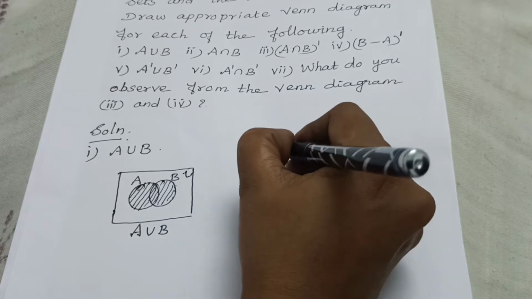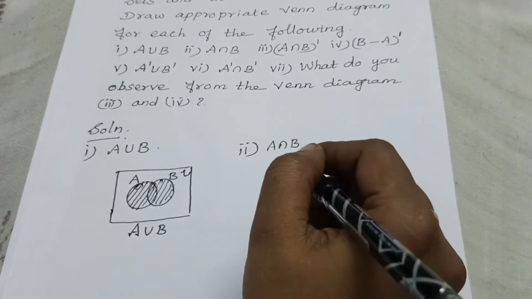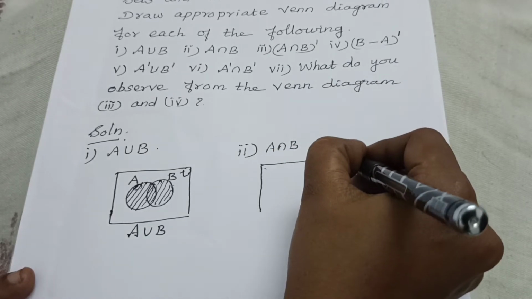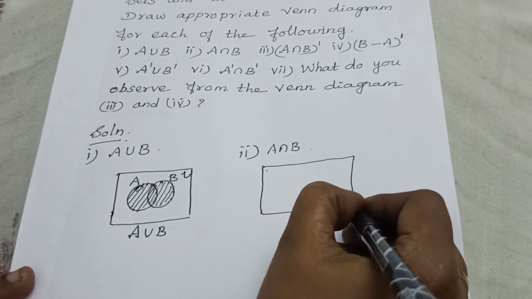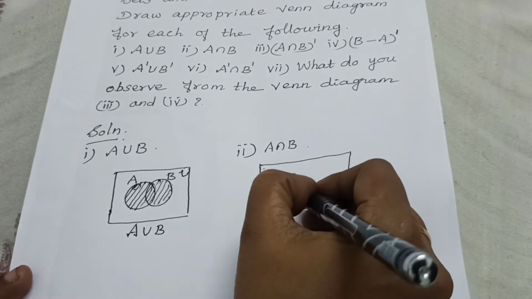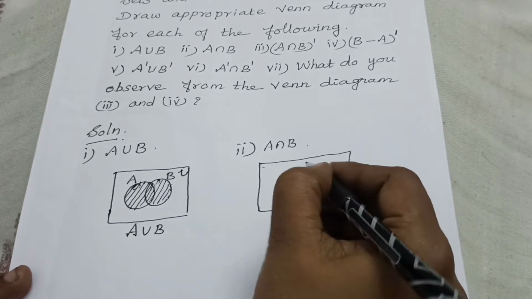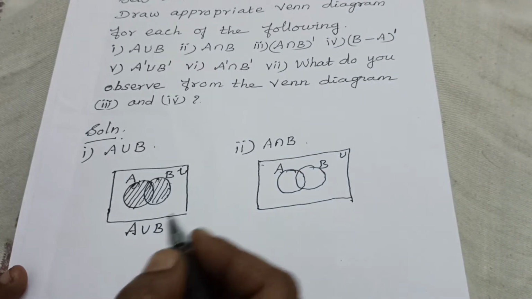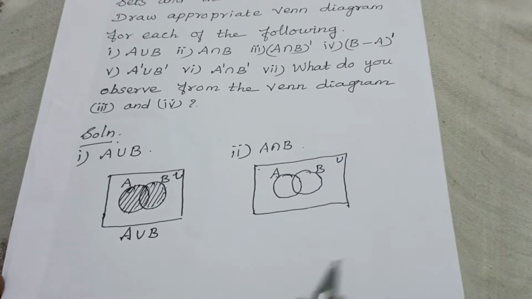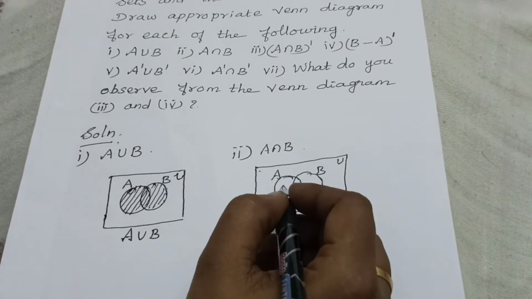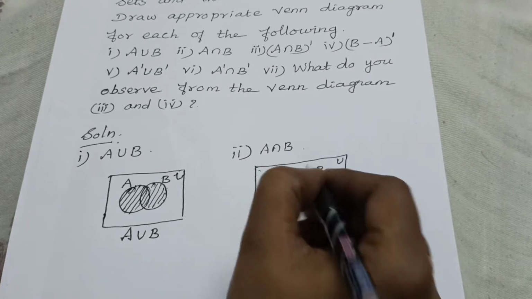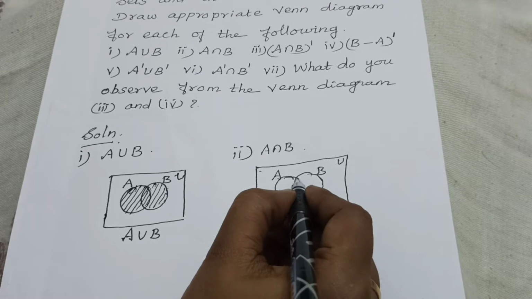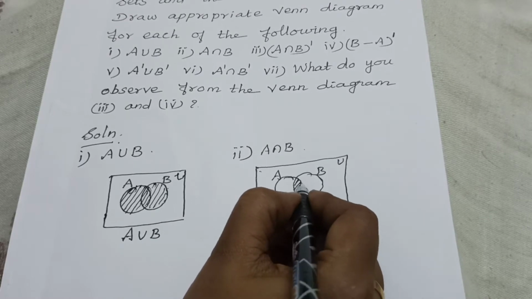A intersection B. We have to draw the universal set first, then set A and set B. A intersection B means the portion common to A and B. We check: the common portion is the middle portion only.